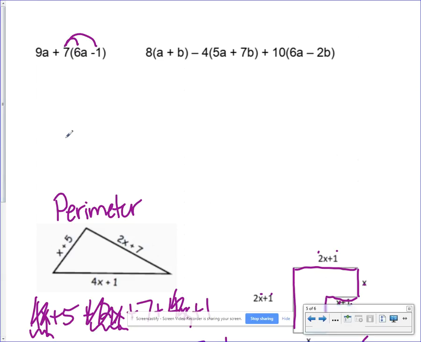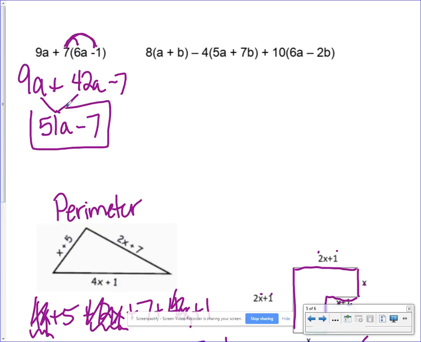All right. Back up to the giant ones. 9a, 42a. 7 times negative 1 is negative 7. You can combine these guys to be 51a minus 7. Oh my gosh, the giant problem. Distribute, distribute.